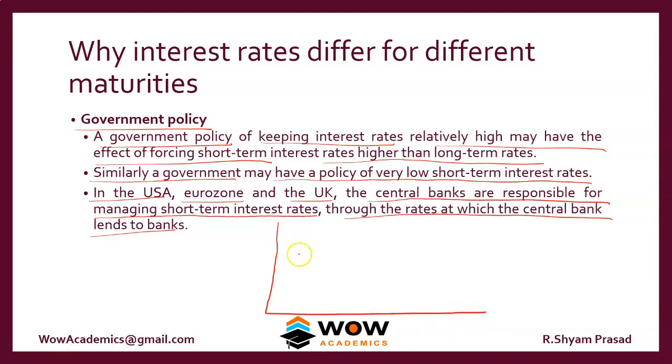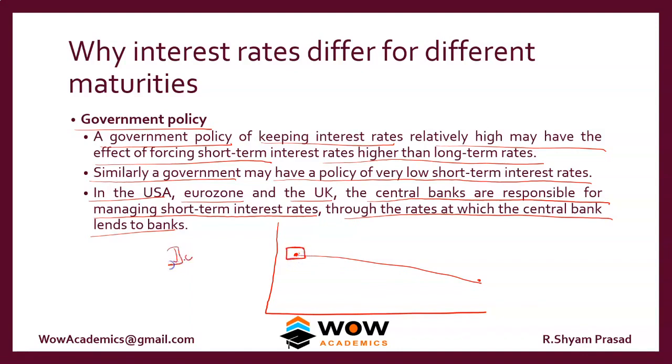For example, if the normal short-term interest rate is here, and the long-term interest rate is somewhere here, the curve is a negative sloping curve. What the government can do is try to buy a lot of bonds from the 1-year short-term market.